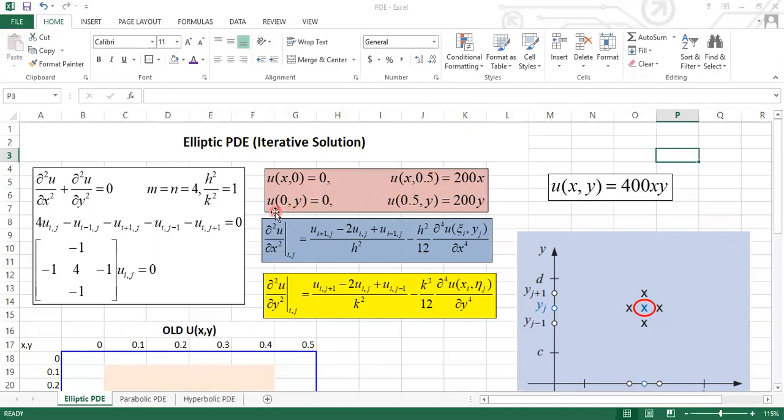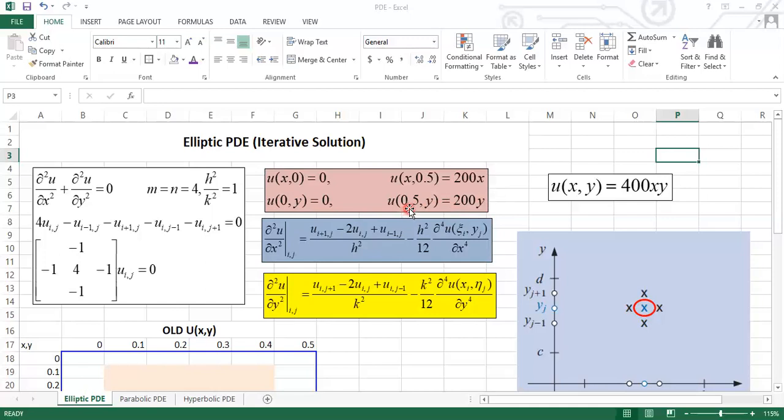This is the lower boundary condition. Here x is equal to 0 and y is variable, so for all points in the y direction where x is equal to 0, this is generally the y-axis. And the right boundary, u(0.5,y), for all points we have 200y. So the value is governed by this 200y value.